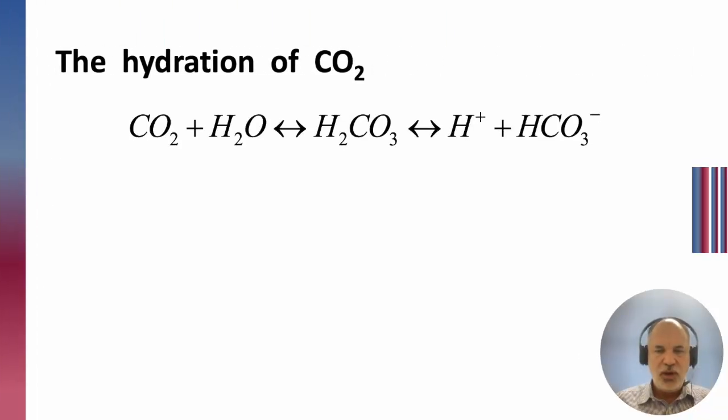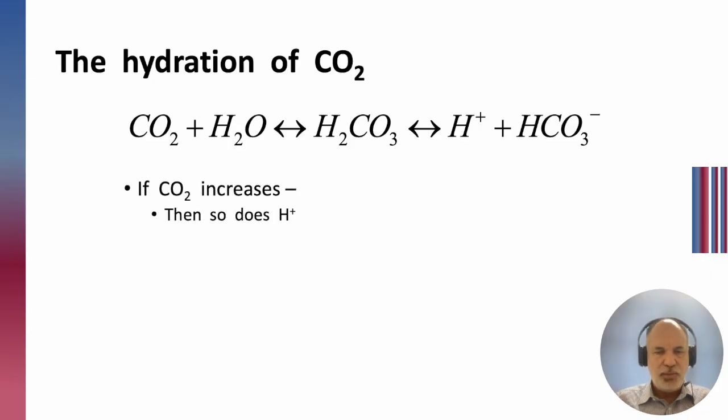So if we look at the equation for the hydration of carbon dioxide, if carbon dioxide dissolves in water, it produces carbonic acid, H2CO3, and carbonic acid can dissociate into hydrogen ions and bicarb ions. In fact, physiologically, we make use of an enzyme to facilitate this process to allow for the transport of CO2 in a more efficient manner.